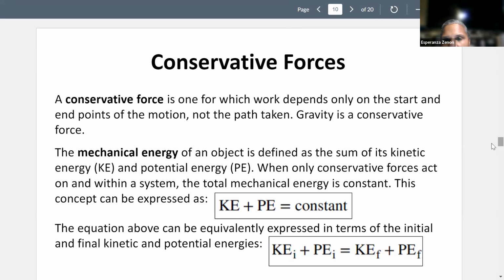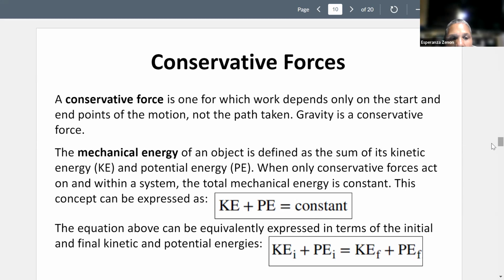Gravity is an example of a conservative force. All right, so when you're dealing with work done as it pertains to gravity, then you're dealing with a conservative force, and it doesn't matter how you get from one height to another. It only matters what was your height when you started and what was your height when you stopped.